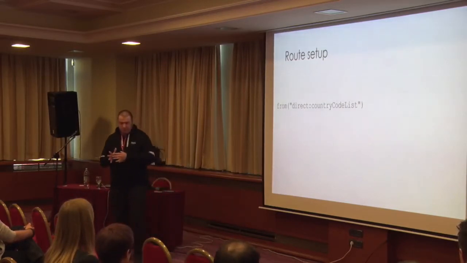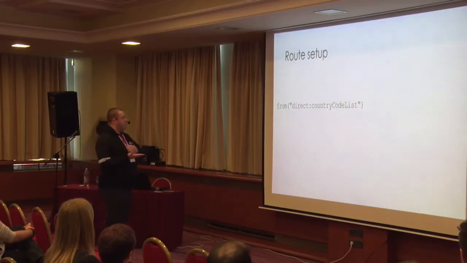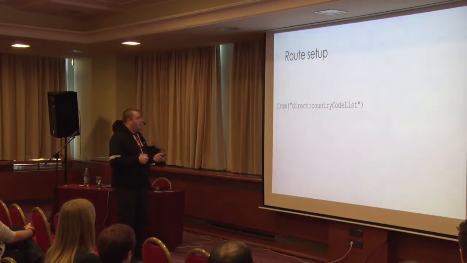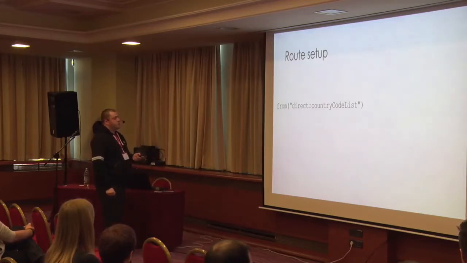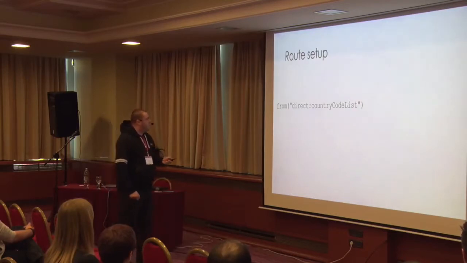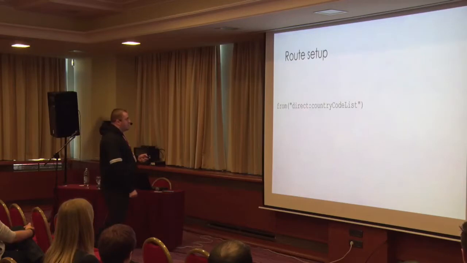When you define a route, you want to bring a message from one endpoint to another endpoint. So you define from where. In this case, you name this route or start endpoint. You give it some name; in this case it's country code list, which I just took from our project. Nothing special, and you have something called a component.